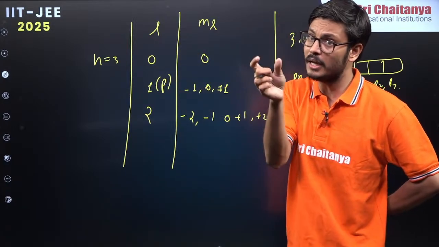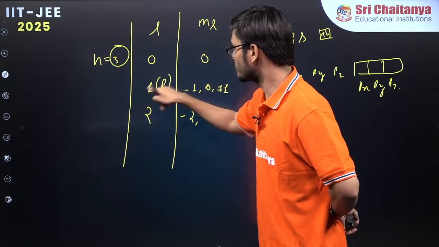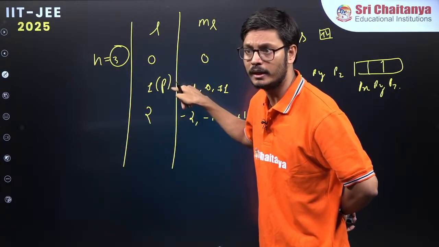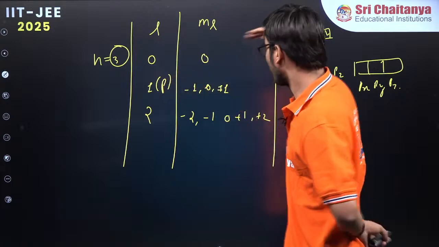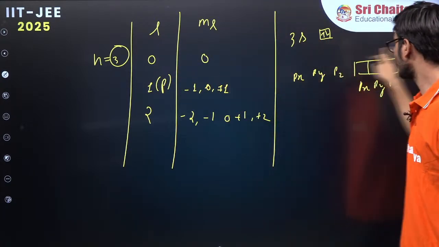But in a subshell, we have orbitals. So this is the n value, the shell value, and these are the subshell values. L value means subshell value, P. And in P, we have different orbitals, Px, Py, Pz. So the P subshell has 3 orbitals.